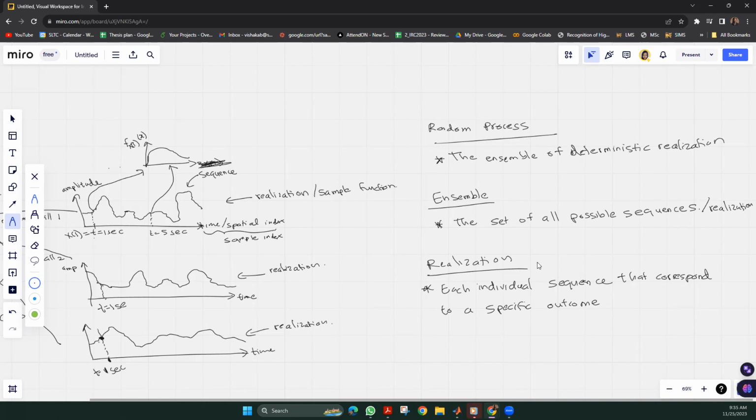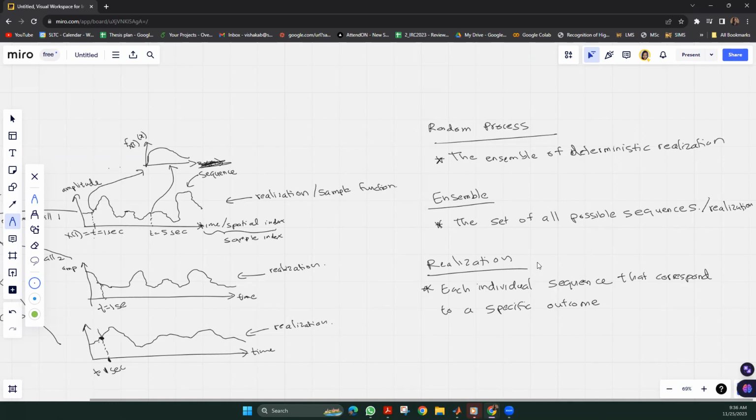In order to identify some pattern or useful information about those plots, we need to study the plots under specific time instances. So when we study the ensemble, we consider one specific time instance and then compute the parameters related to that time instance, right?